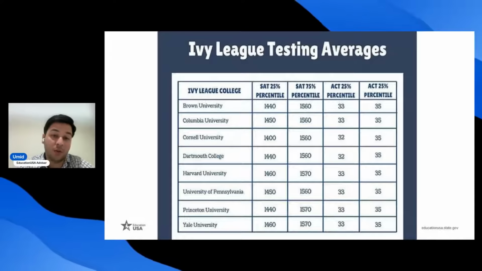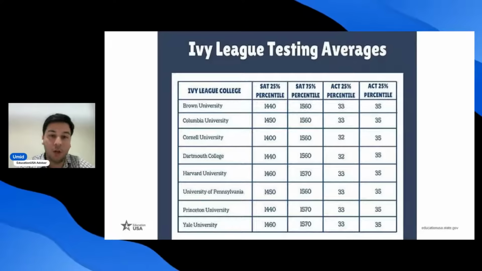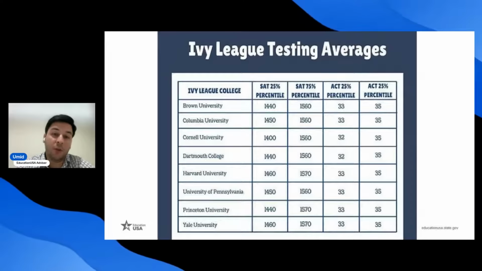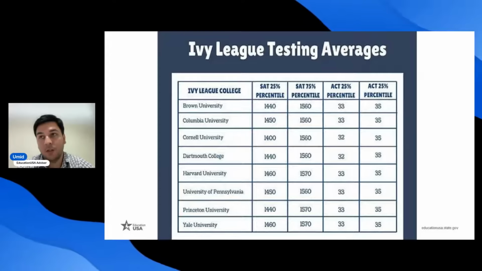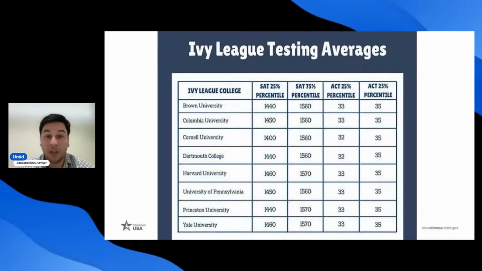And if you get 1,440, you're less likely, but there were some cases of students who got such a score and entered university. And for ACT, you are less likely to enter if you have a score of 33 and lower, and have more chances if you have a score of 35 and higher.